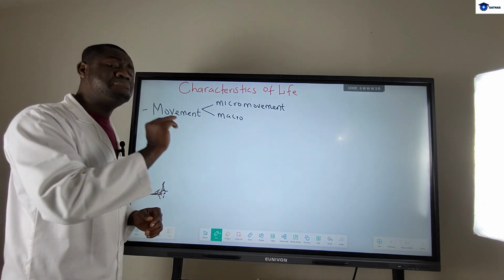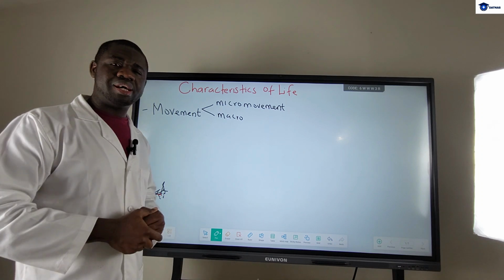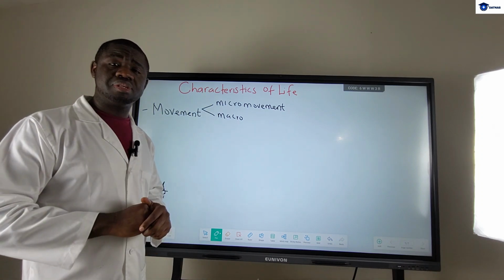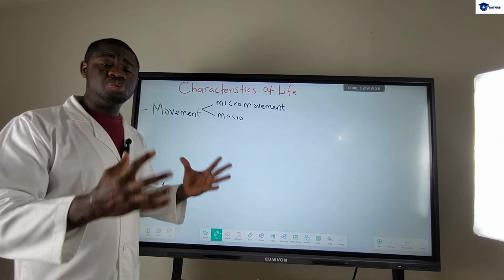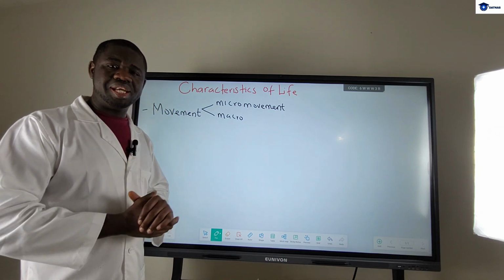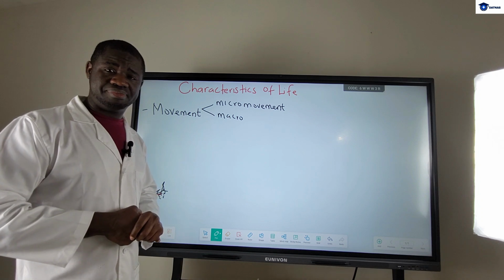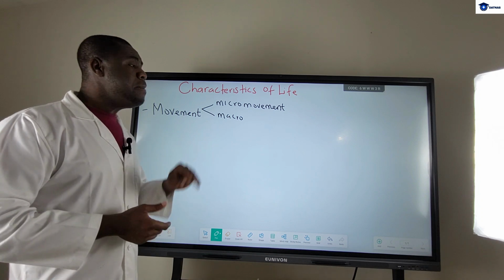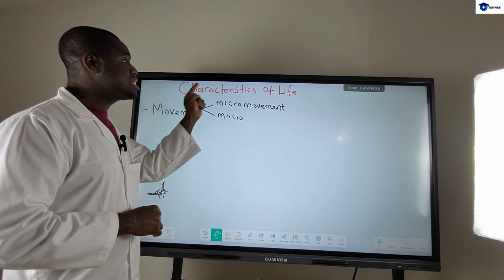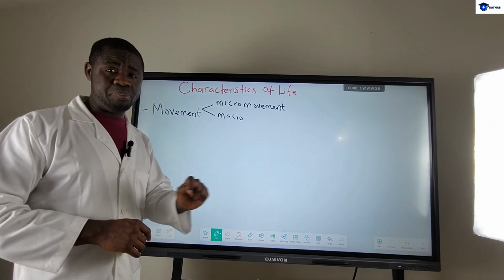Movement is the most important aspect of life because without movement, the life of man would be just in a non-functioning state. When movement is affected, other characteristics of life will also be affected.